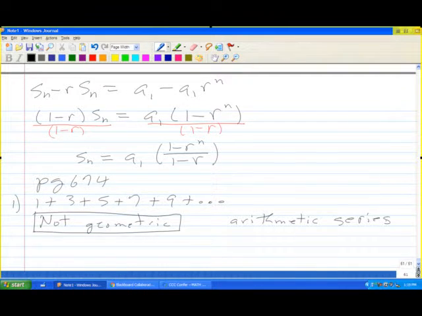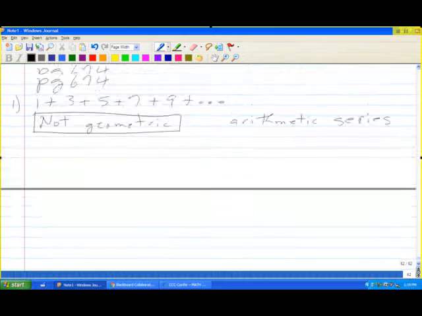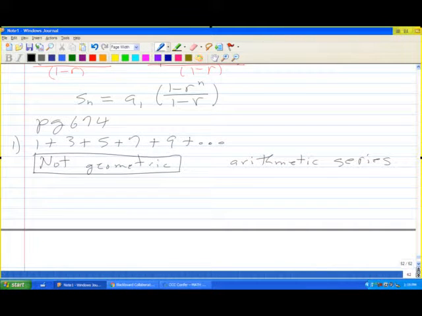Okay. How about problem number 5? 1/5, negative 1/5, 1/5, negative 1/5.